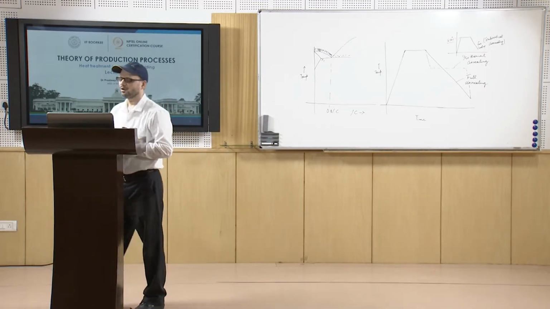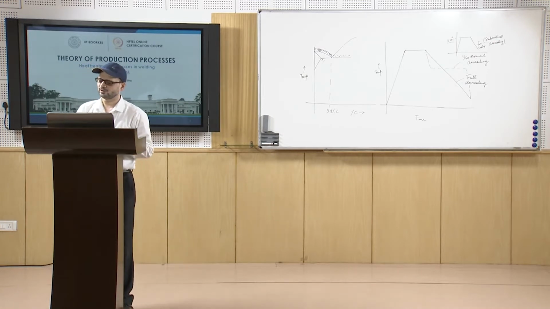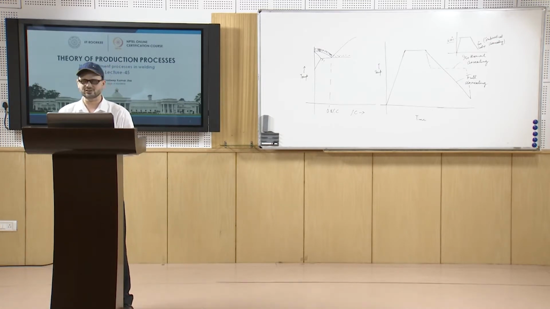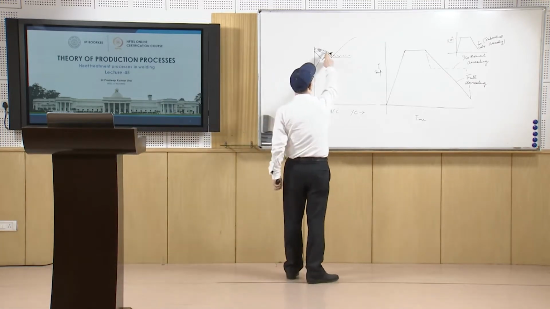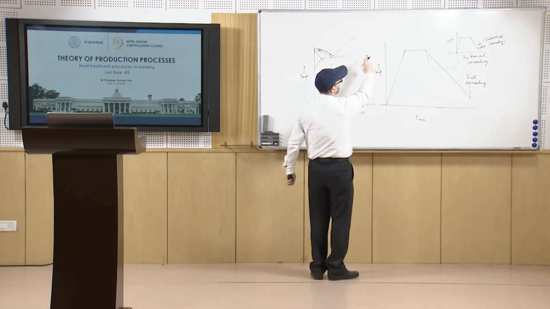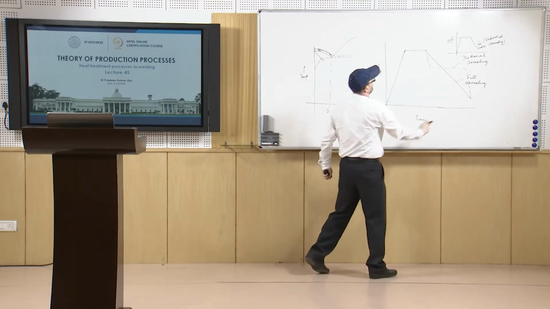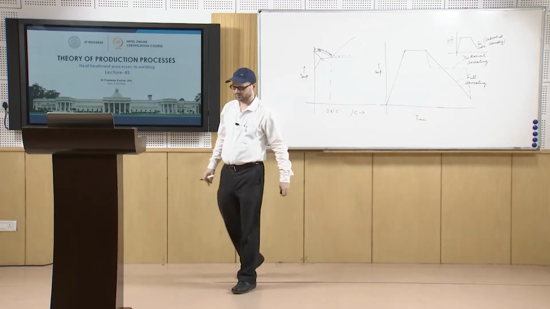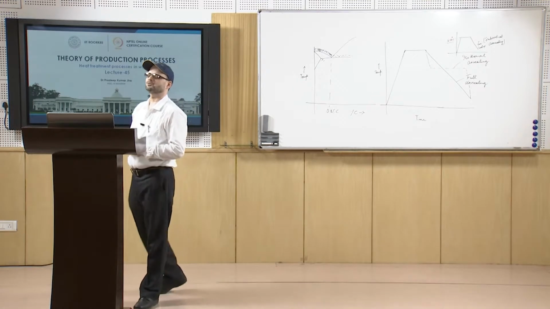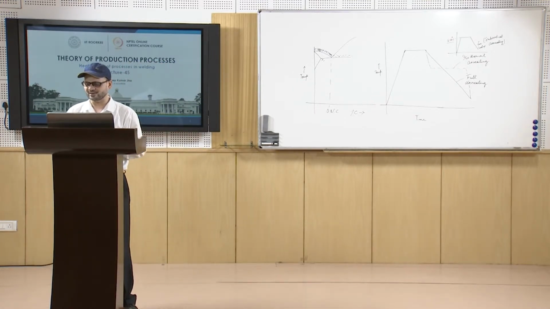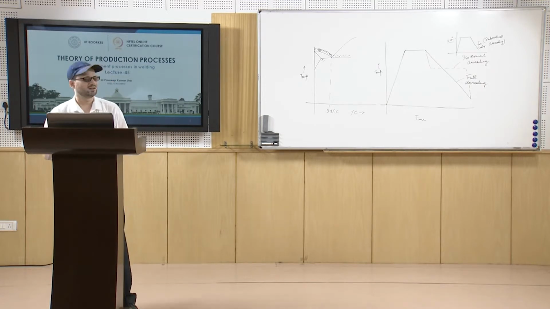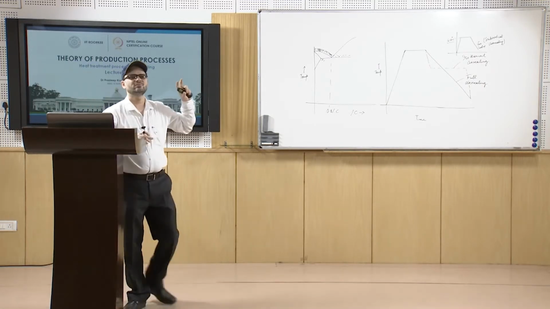As we discussed, we go in this range, and then further, and then we go for cooling in the air. That gives you a fine grained structure in the case of normalizing.